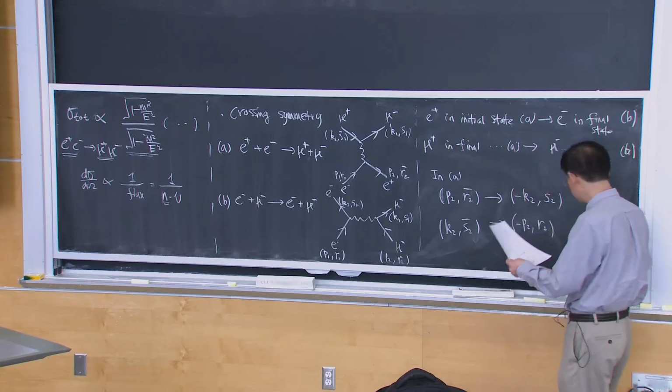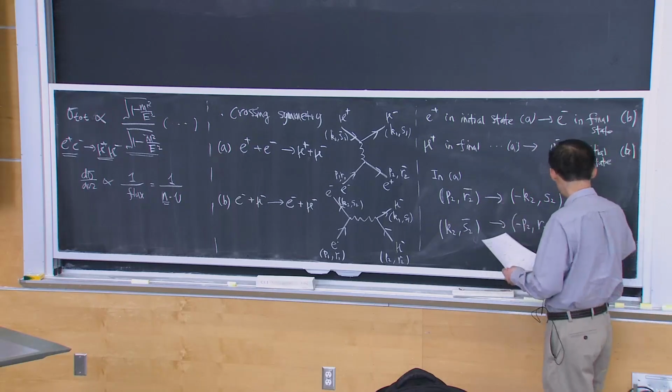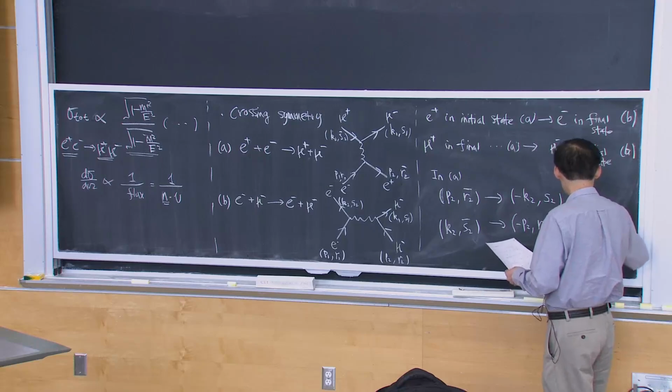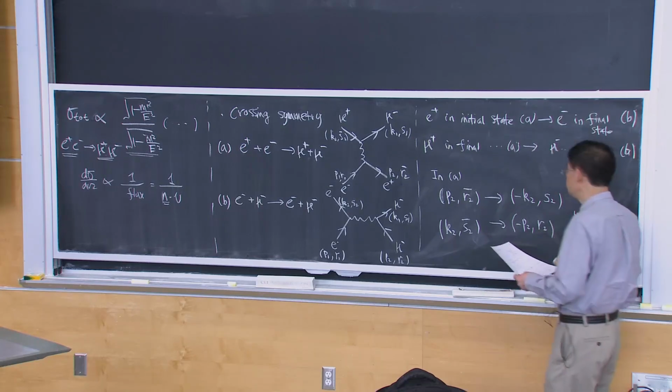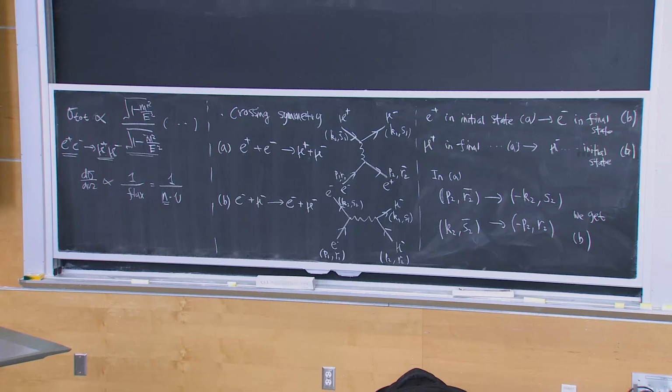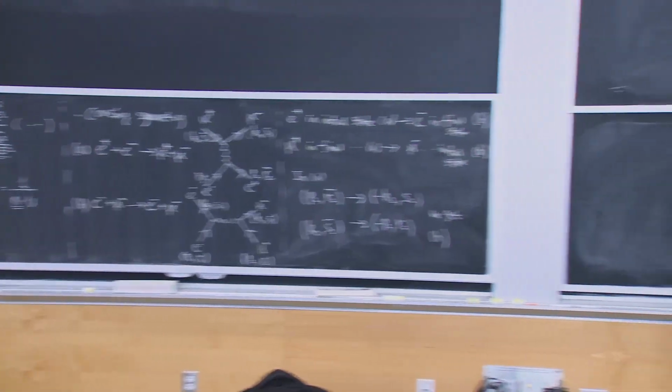If you make this replacement, then we get the process B. So you just make the replacement, and then the process in A will go to the process in B.